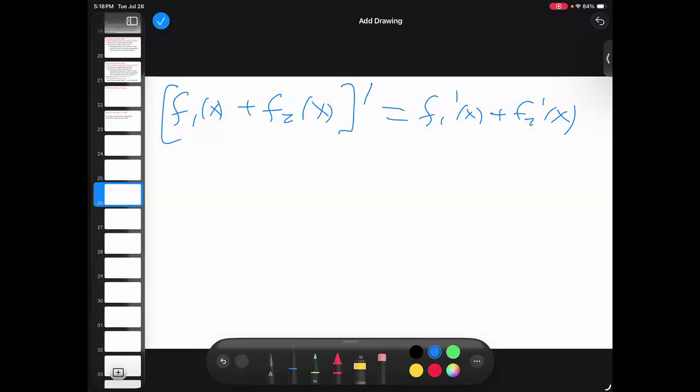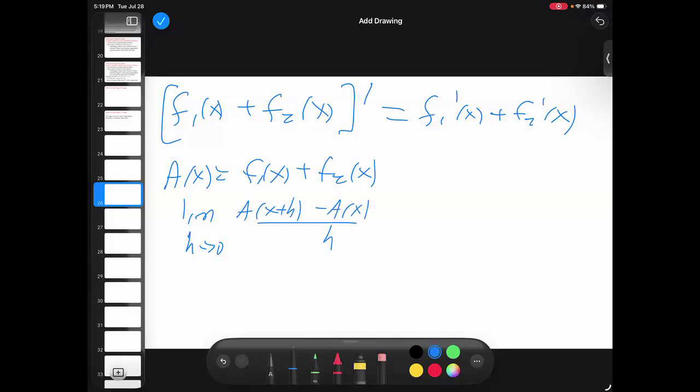They do a whole limit argument, correct? They would say, let a(x) be f1(x) plus f2(x). Then we look at the limit as h goes to 0 of a(x+h) minus a(x) over h, and you use your limit laws, group everything together, and you get that the derivative of a sum is the sum of the derivatives.